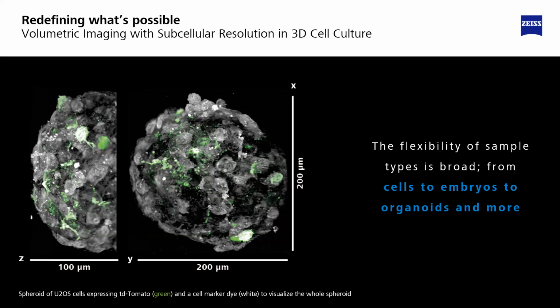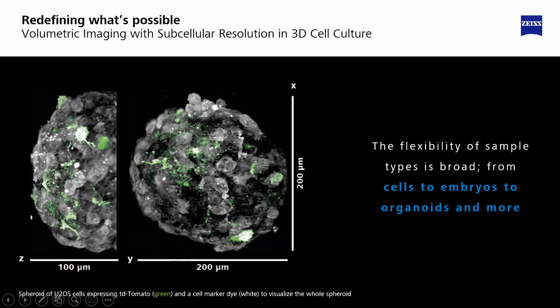But here I'm showing you an example of a lattice light sheet image of a spheroid of a U2OS cell organoid with near isotropic resolution in X, Y, and Z. So on the left is actually the XZ projection, which normally would be drastically elongated compared to the XY projection that you see on the right. When I first saw this image, I actually thought the image on the left was my standard XY projection, and that the image on the right was my XZ.